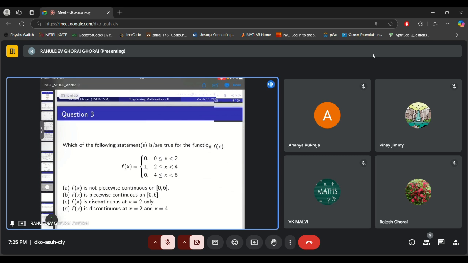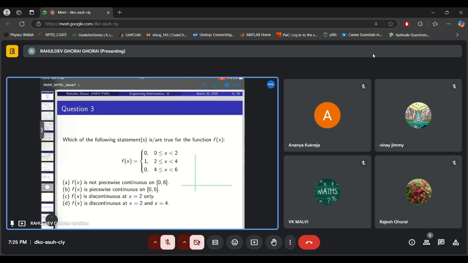If you can draw a graph, then it is very easy. Let's say I'm drawing 0, 2, 4 and 6. In 0 to 2 it is taking the value 0, right? When it goes from 2 to 4, let me make it more precise. It is not reaching the value 0 at 2, because at 2 it is 1, right?